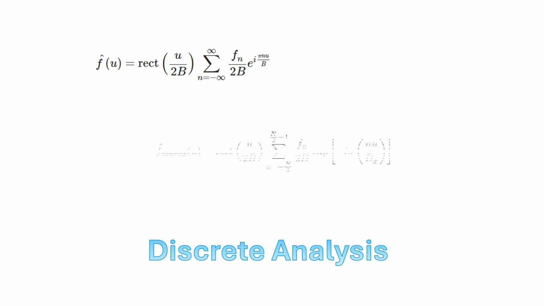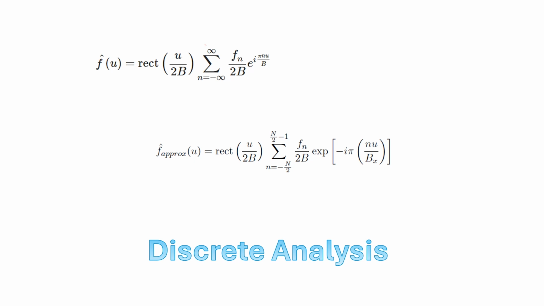Now, a lot of times we would like to have discrete forms both in Fourier space and in real space, because we'll implement the Fourier transform using discrete analysis as well. First of all, the expansion in the Fourier series goes over infinity, so we would have to take infinitely many samples at these discrete sampling rates to accurately represent the Fourier transform of the function.